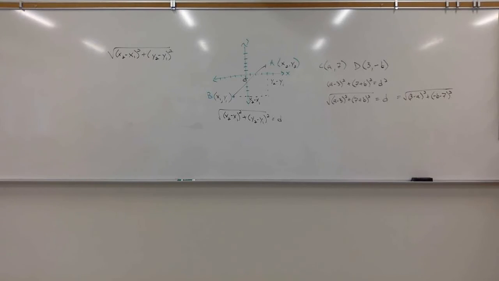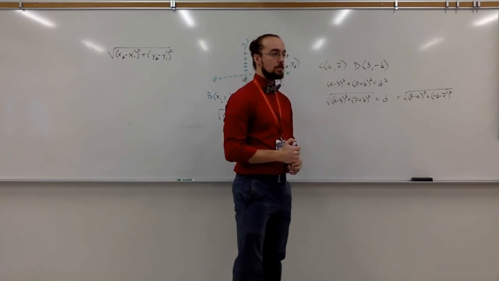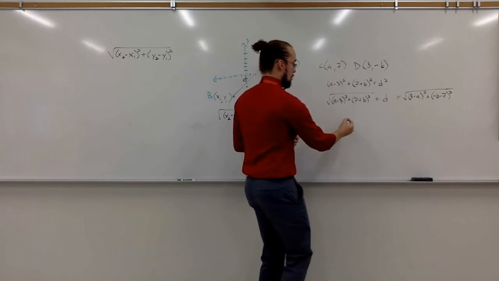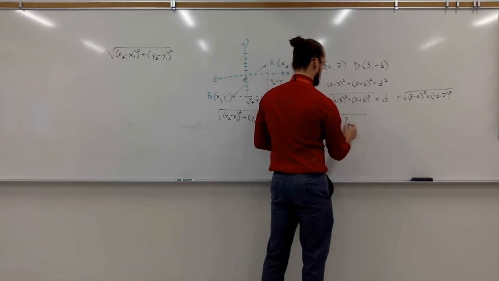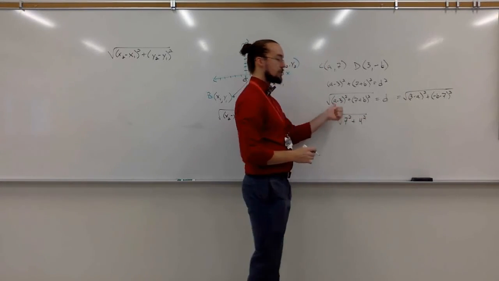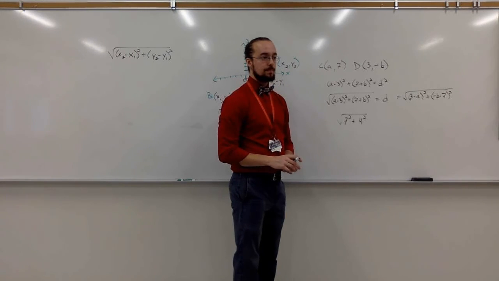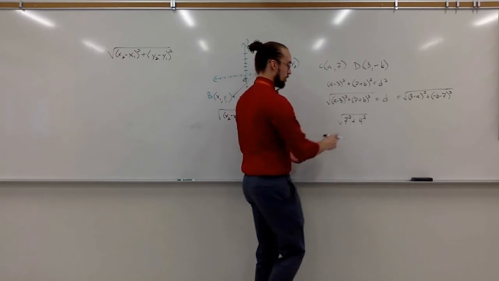Questions on distance formula at all? Are you saying can we just make this a minus 3 plus 7 plus b? No. So if I just cancel everything out, this should be 11, right? Well, is that 11?